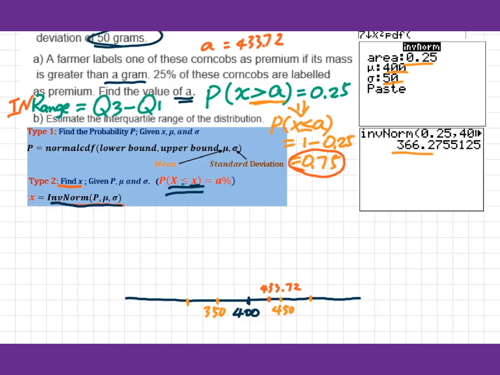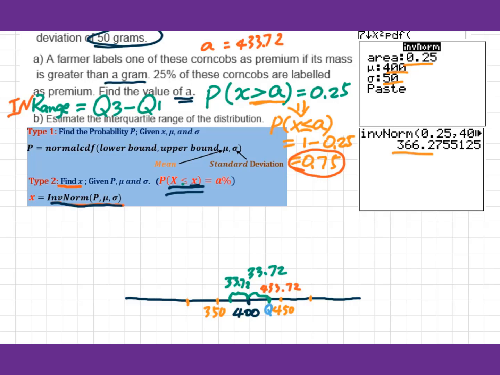According to this normal distribution curve, it's symmetric. Therefore, since this is 33.72, this is the third quartile. We do subtraction here and you will get 33.72.